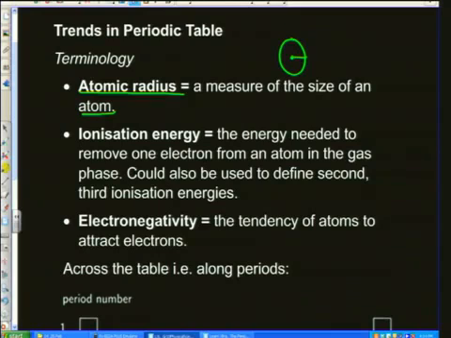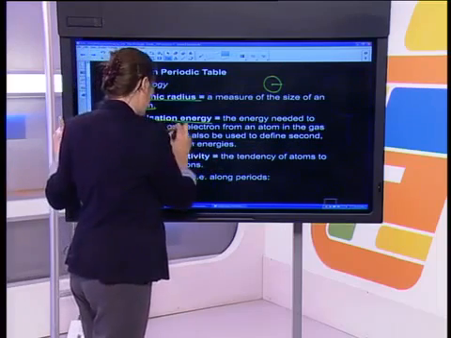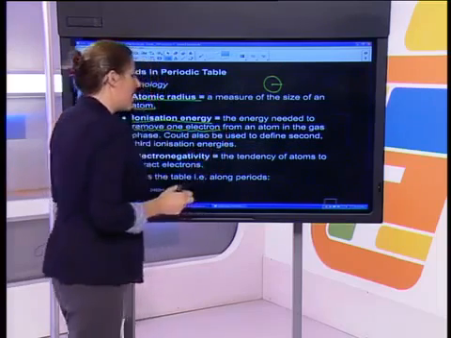Ionization energy is something new. This is one that you probably haven't come across before, but it's an incredibly important one. Ionization energy, they tell you what it is, even in the word. It's an energy value. It's how much energy do we need to put in to take away 1 electron.